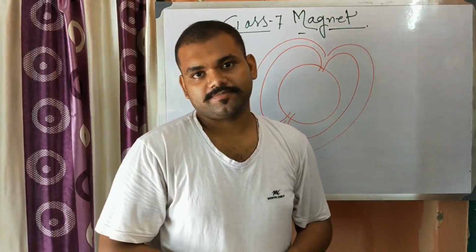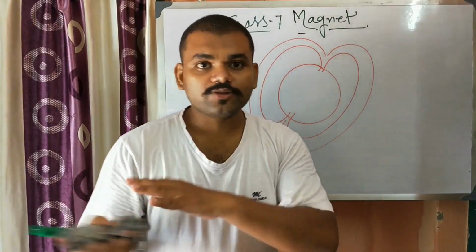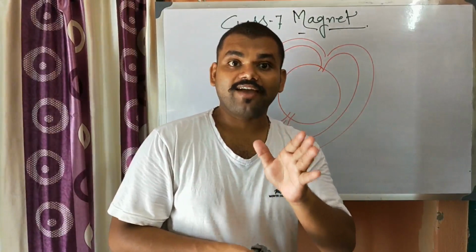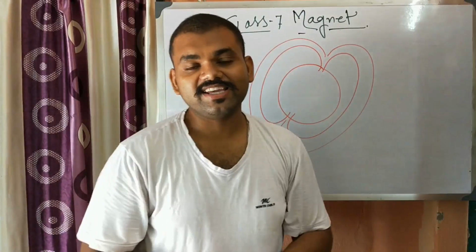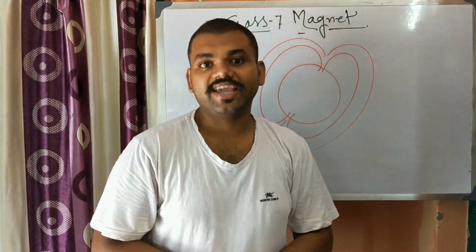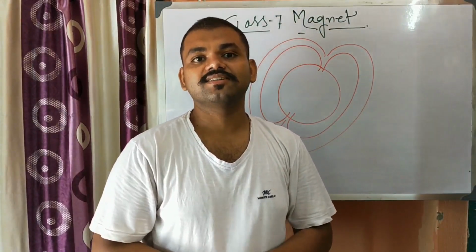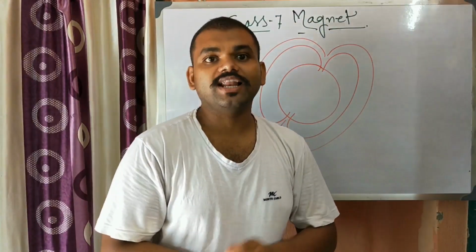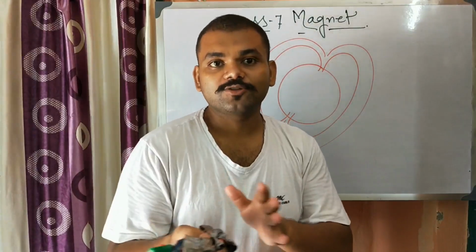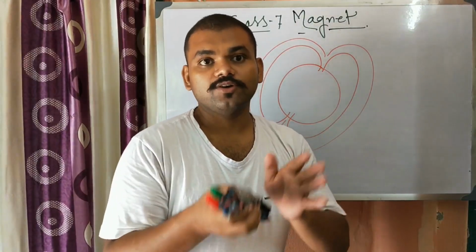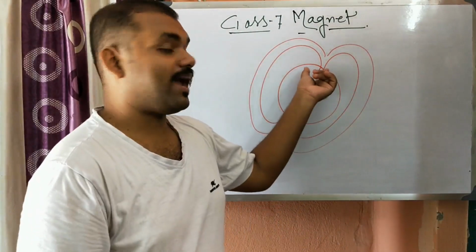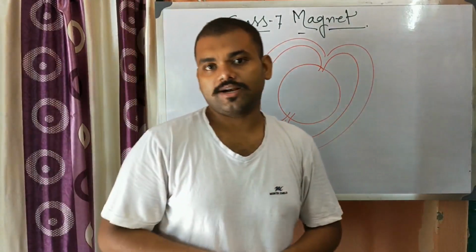Okay, so how do they follow it? Because they have a ferromagnetic material inside their head. A liquid ferromagnetic material is present inside their head, which allows them to navigate with the help of the magnetic field lines of Earth.